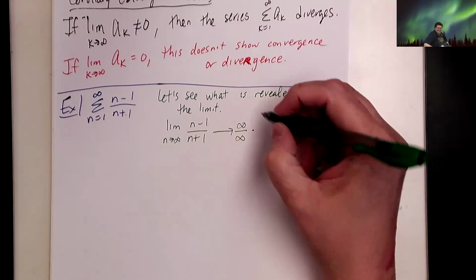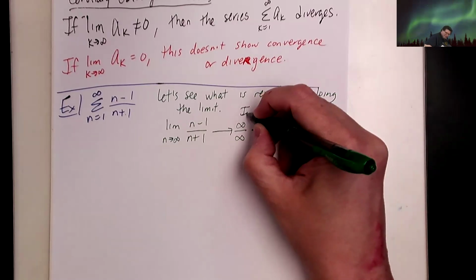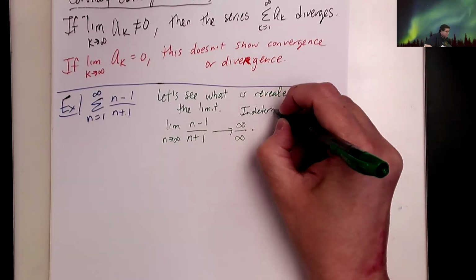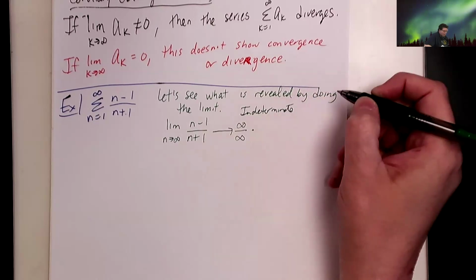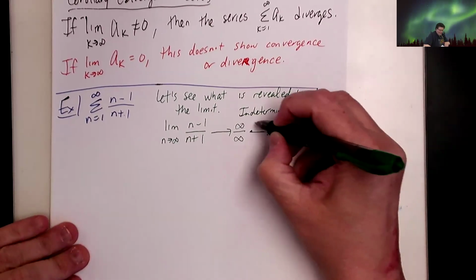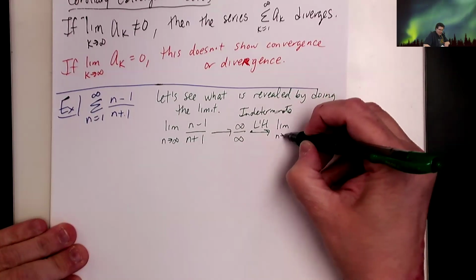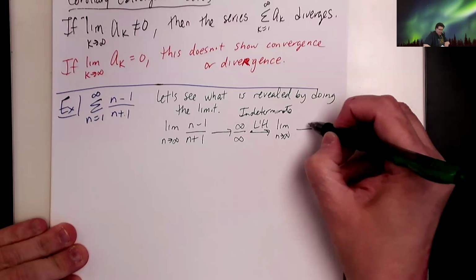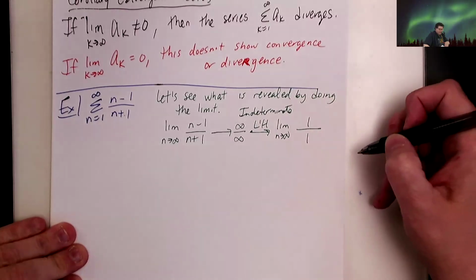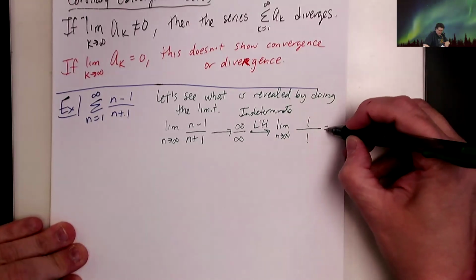It's indeterminate, yes. And what can we do about indeterminate? L'Hopital. So we'll take the derivative of top and bottom separately, and we get 1 on top and 1 on bottom. So the limit equals 1.